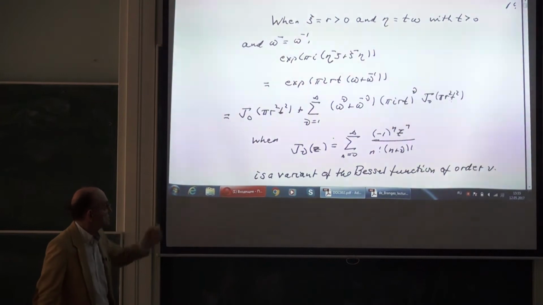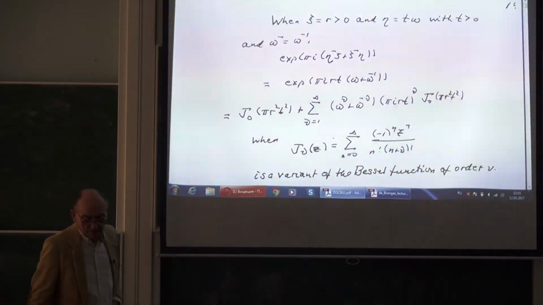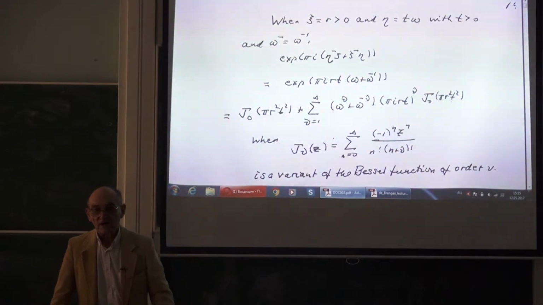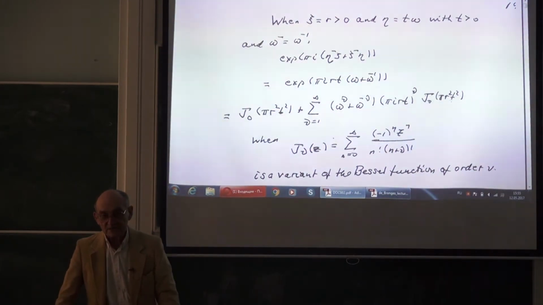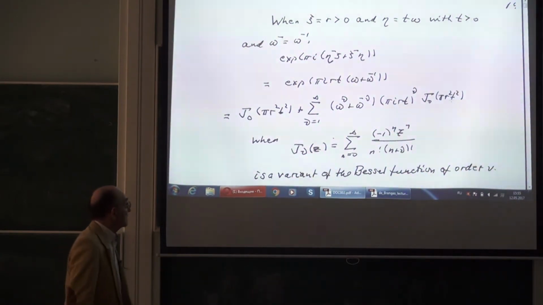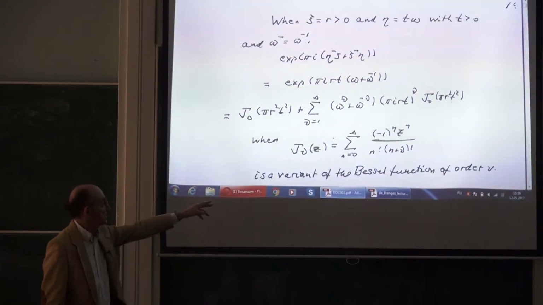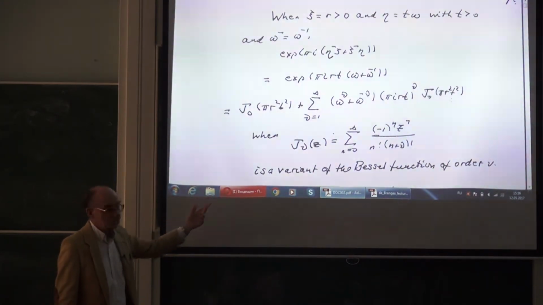Now, this decomposition is found in books on advanced calculus. I like the Whittaker and Watson book, 1905, Modern Analysis, as it was in 1905, and it's still pretty modern. Now, when you make this decomposition, some new functions come in. They're called Bessel functions.